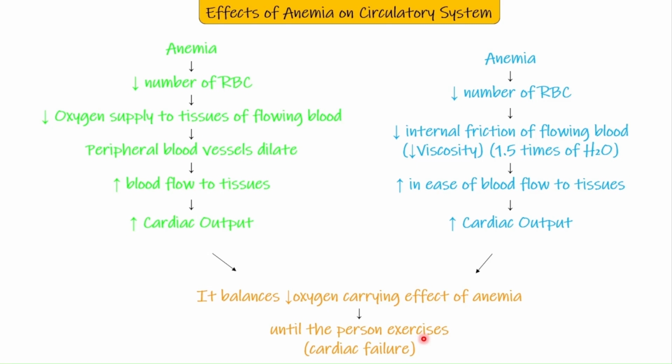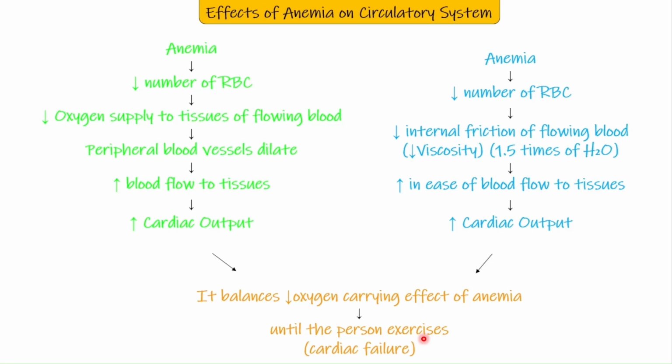Normally the oxygen is being supplied in the right quantity to the tissues because of the increased cardiac output, but in the case of exercise, the heart cannot cope with the increased demand because the heart is already working way more than normal because of the already decreased oxygen supply.